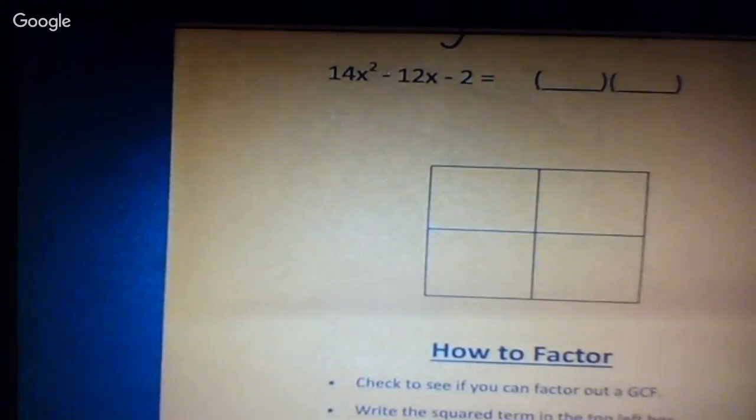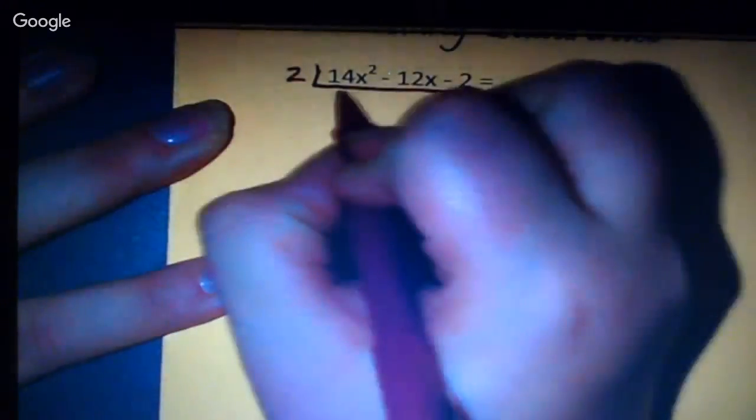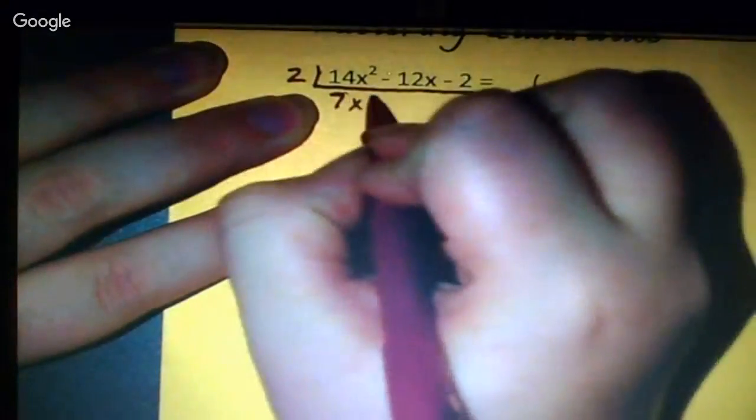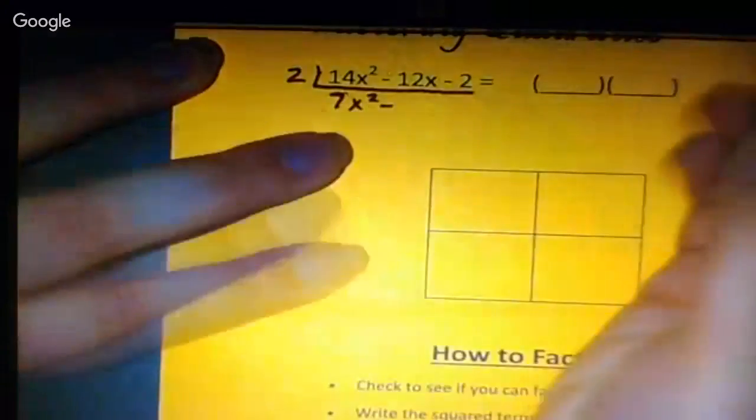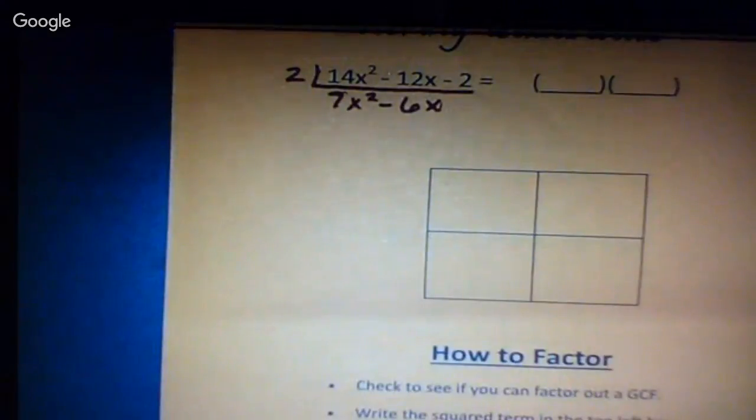So what's 14 divided by 2? 7. What's 12 divided by 2? 6. And finally, what's 2 divided by 2? 1.